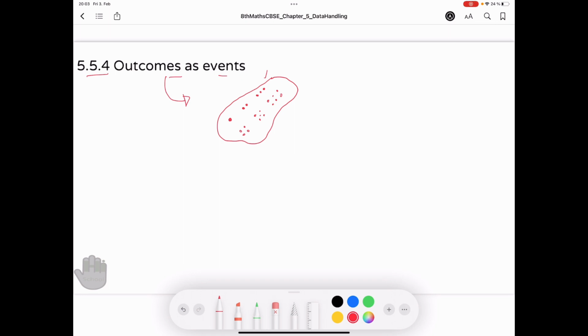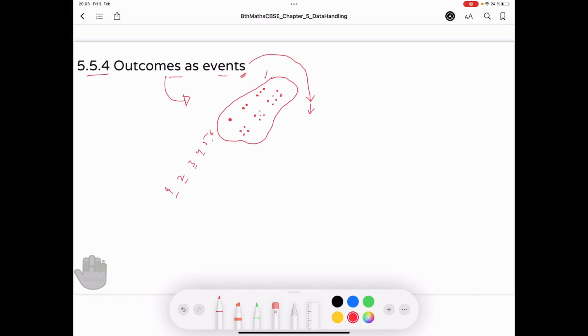Now what is an event? Events are essentially groups of outcomes having a common property. For example, an event is coming up with an even number of dots when rolling a die. The possible outcomes are 1, 2, 3, 4, 5, 6, and any of these numbers of dots can come.